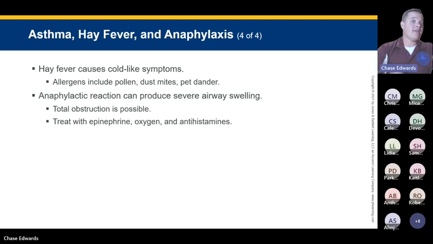So anaphylactic reactions are severe allergic reactions characterized by severe airway swelling and dilation of the blood vessels all over the body. That's what that is. It can be associated with widespread hives, itching, signs of shock, and signs and symptoms similar to asthma also.